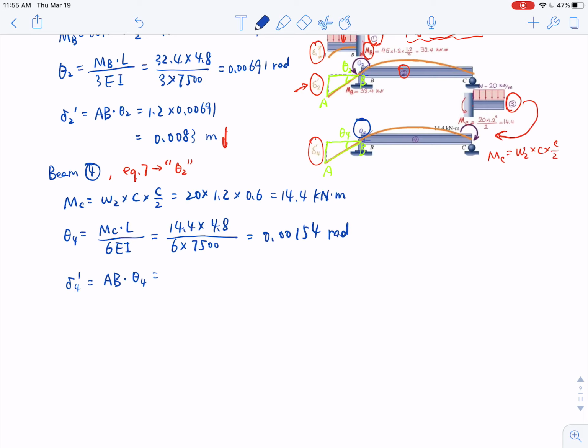That is 1.2 meter times 0.00154, and you will have 0.00185. Again, this is another downward deflection as shown here.